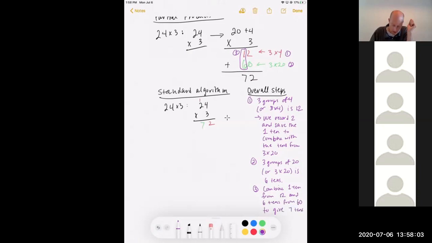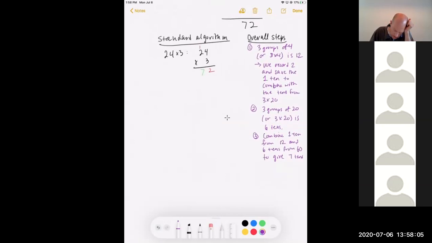Okay. Are we following so far? Good. Then step number 4 is where we added here. I'm going to add the 6 tens, or we can just say 60, it's fine. And the 12, to get the 72. Okay. That's our answer. Okay, any questions?